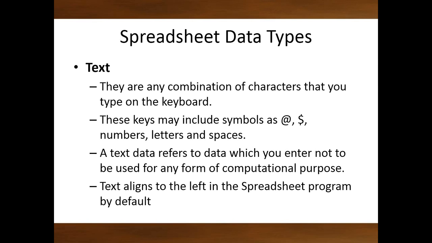If I enter symbols and I do not intend to use them to compute any results, then all of them can be seen as text. In Excel, text aligns to the left by default.